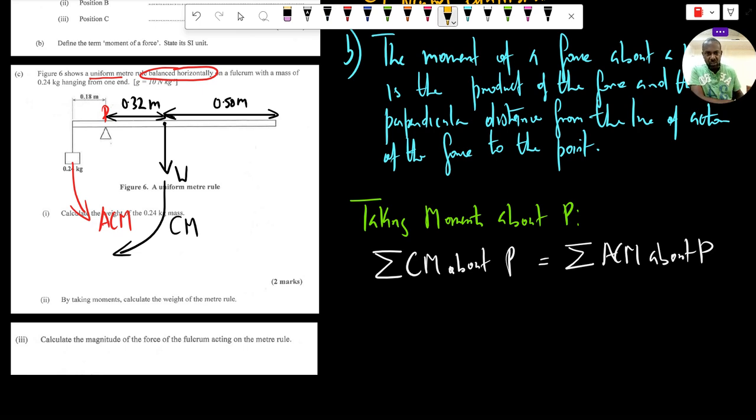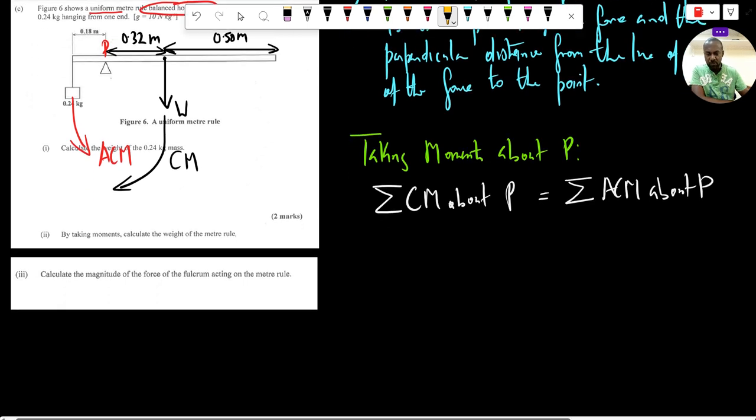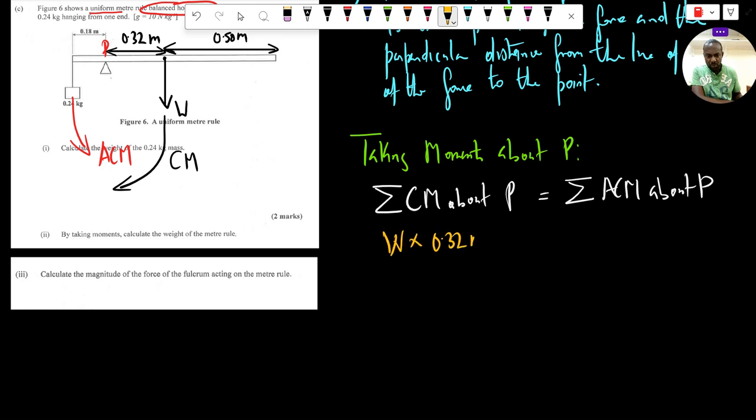So let's now go ahead and substitute these values into our equation. So for the clockwise moment, we have the weight W times 0.32 meters is equal to 2.4 newtons times 0.18 meters. So we say that 0.32 W is equal to, now 2.4 times 0.18, what does that give us?